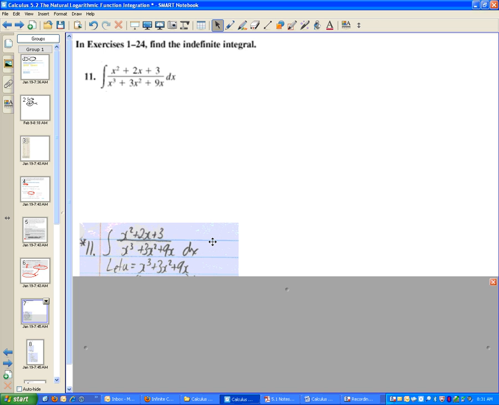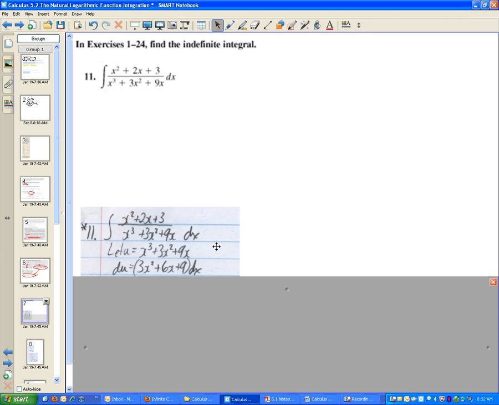So let's see here. If I let u equal x cubed plus 3x squared plus 9x, what does du equal? Put it in parentheses and put a dx behind it.